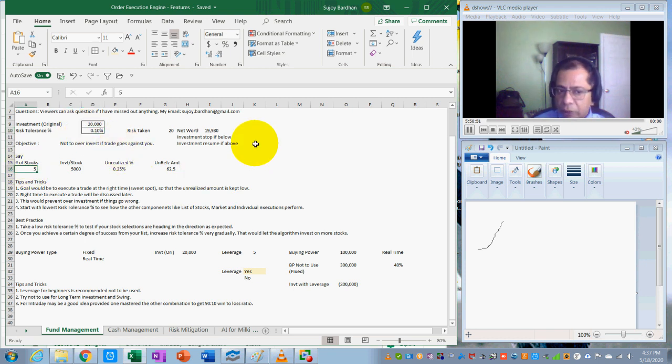Start with a smaller number of stocks. I'll come to the lists of stocks and all those things later, but keep in mind that if your stock selection and execution time are such that it does exactly what you want it to do, whether you are going on the long side or the short side, as soon as you execute, the stock is heading in your direction.